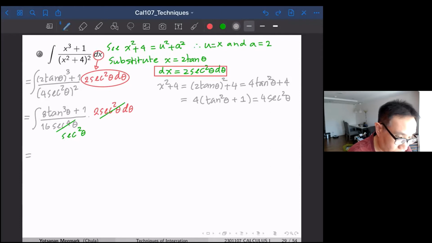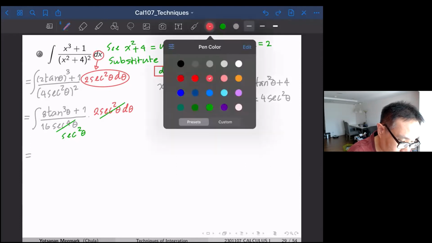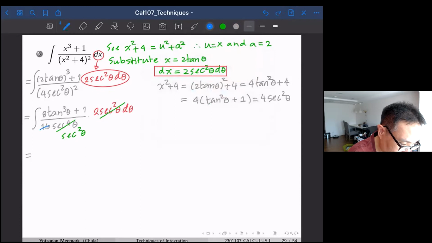Be careful a little bit because we're going to split this one. Let's get rid of 16 first. For getting rid of 16, 16 and 2 cancel each other, and put parentheses here so you're not going to cancel your 8. So this one is going to be your 8. This one disappears.